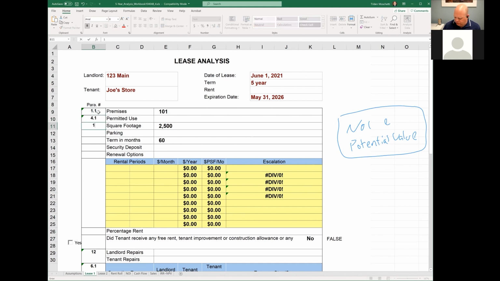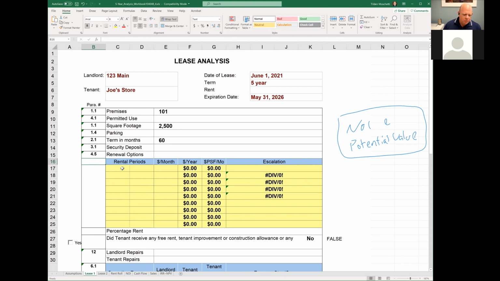Square footage is often in 1.1. Parking is like in 1.4, I think. Term is normally in 2. And this is just from having done this. Security deposit, I think, is in 3, but I don't remember. And renewal options is oftentimes in maybe 4.5 or so.